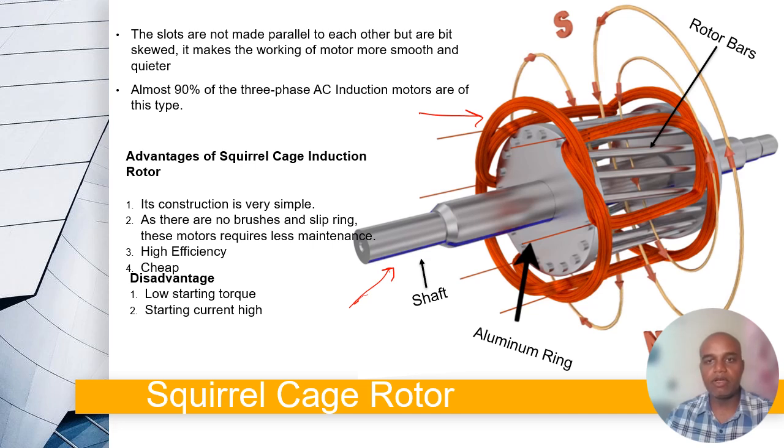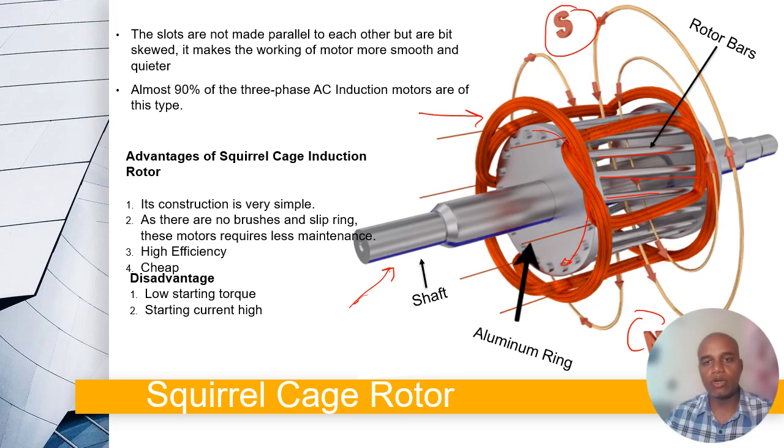The stator is invisible here, just the windings are shown, and just one pole set is shown to illustrate how the poles are created over the stator winding. The squirrel cage rotor has rotor bars, which are short-circuited by the end rings of aluminum. So it does not have any winding arrangement on the rotor, and we don't require any slip ring or brush arrangement. So it is very simple.